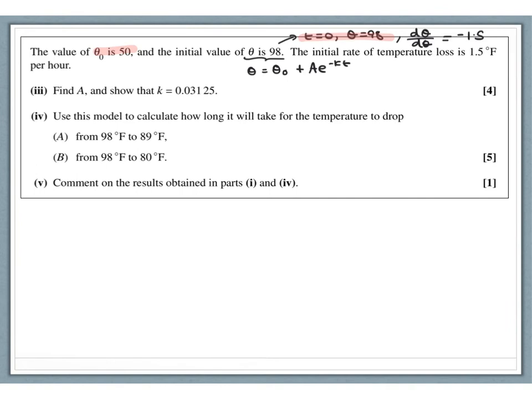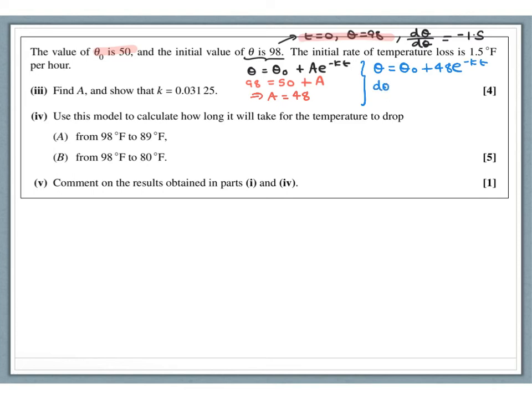So that tells us that 98 equals 50 plus a, because e to the power of 0 is, of course, 1. So this gives us that a is equal to 48 as a starting value. And we can now say that our equation is theta equals theta 0 plus 48e to the negative kt.